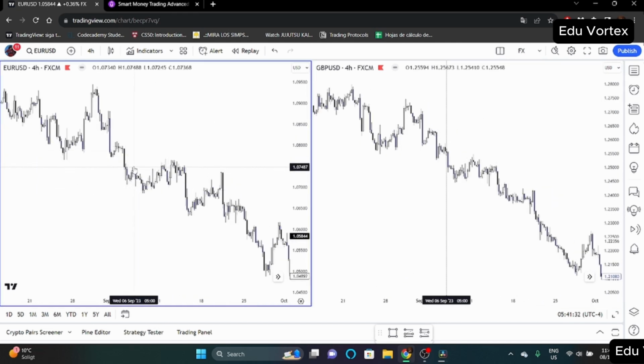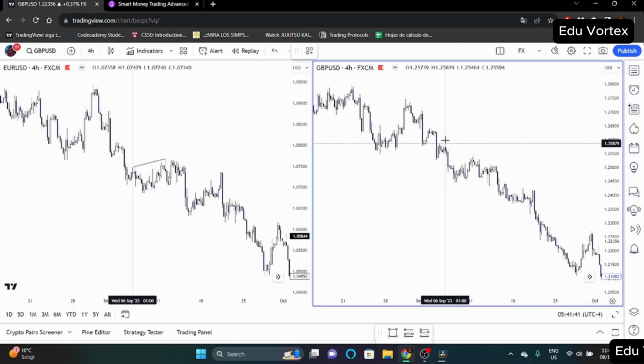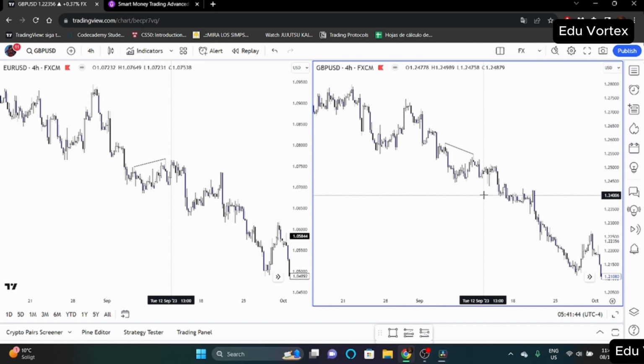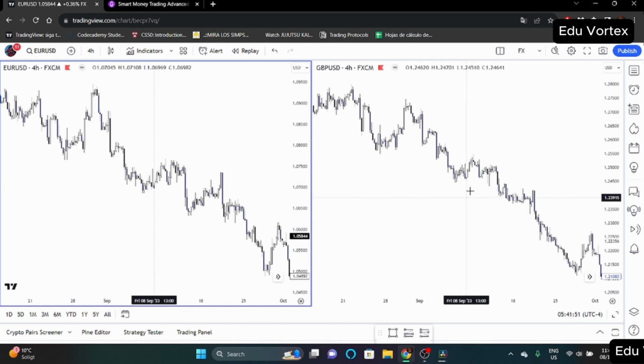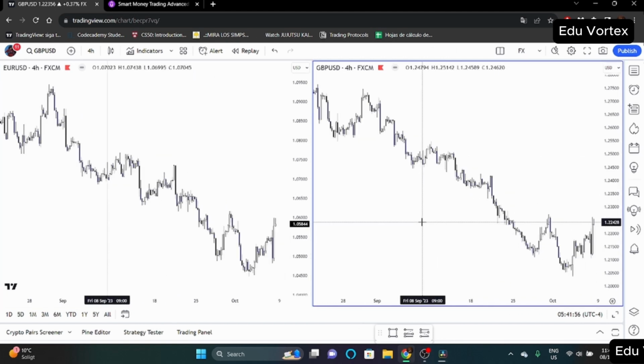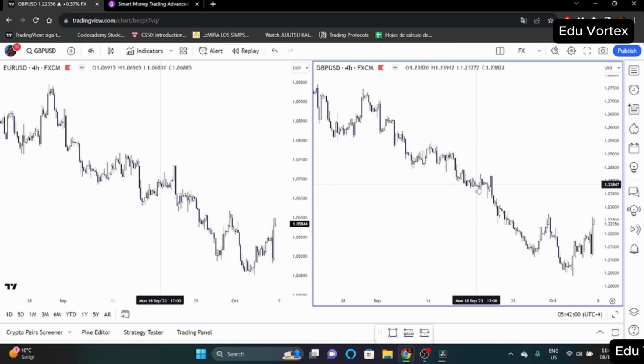There's this high on Euro right here. You see it? Look at my cursor. And now look at my cursor on the right. What's going on here? We're not taking that high. This is our leading pair. We want to short this because every time that we short it, it's going to have low resistance liquidity, in the sense it's going to offer the sell side without any issue.